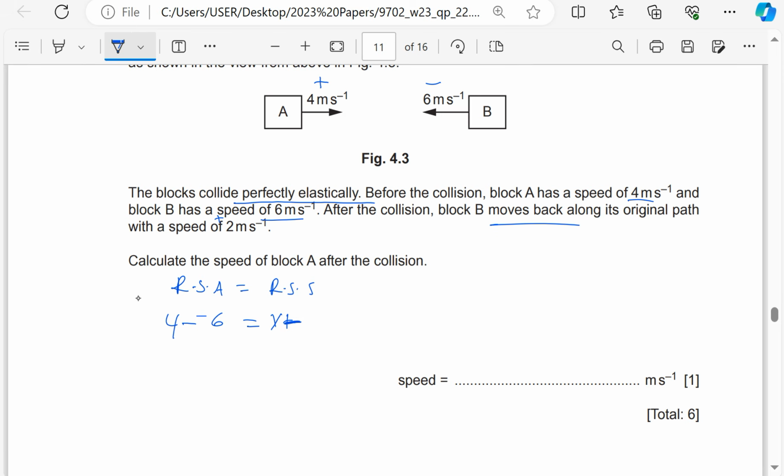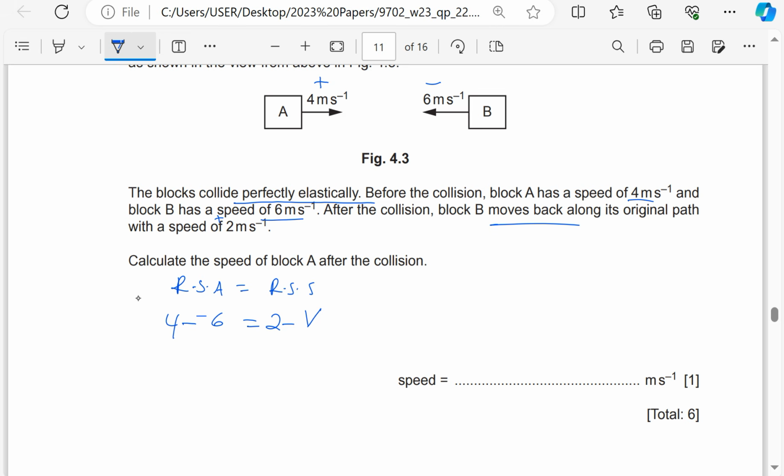Let me see, blocks collide perfectly elastically. Before the collision, block A has that speed, and block B has a speed of 6 meters per second. After the collision, block B moves back to the right. Okay, so I will start with B. I will start with the velocities to the right. So this will be 2 minus the velocity of the other, and let it be V.